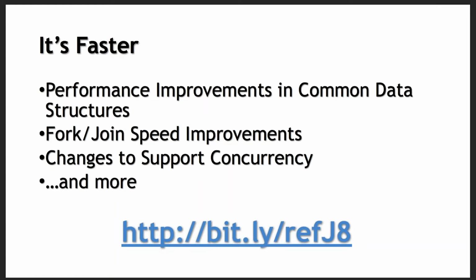And again, there's links to more information from the page that links to. These speed improvements in particular, you get those without having to do anything, particularly because things like HashMap perform better. So presumably you're already using HashMap inside your Java 6 style code. Moving to Java 8, HashMap will generally perform faster without you having to do anything.